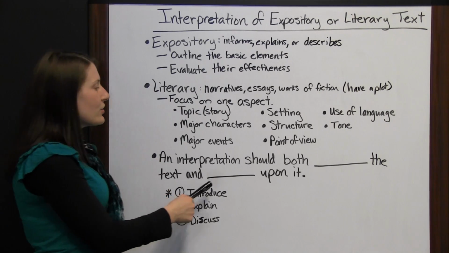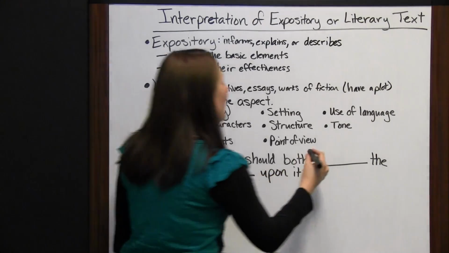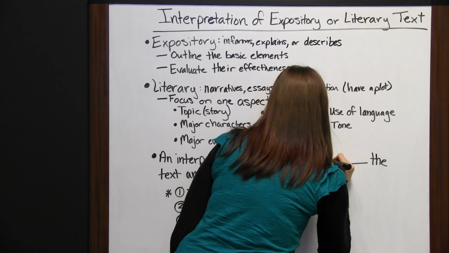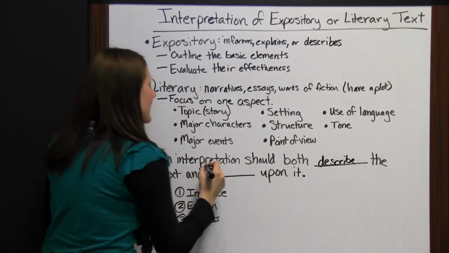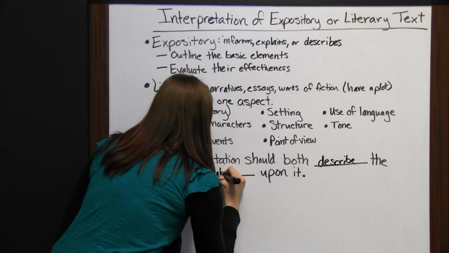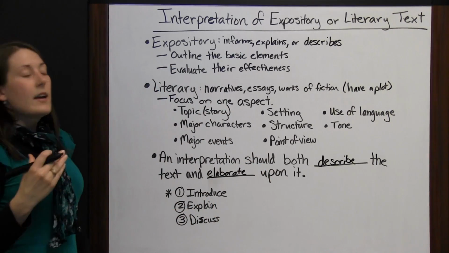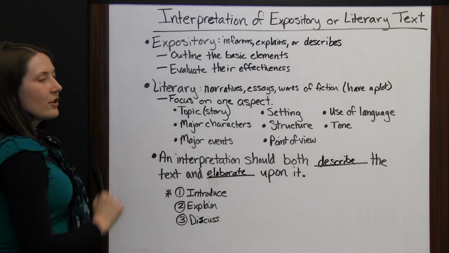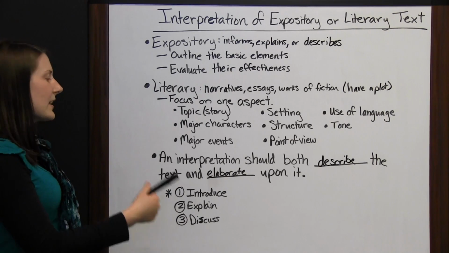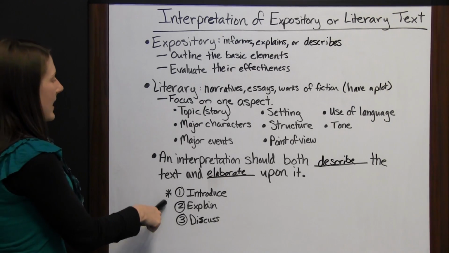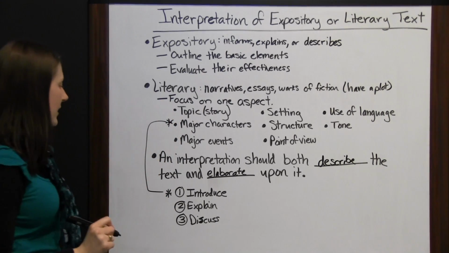An interpretation should both describe the text and elaborate upon it. So, say we were to choose major characters. You would want to describe what's in the text and elaborate upon it. And I've put that into a few steps here for you.